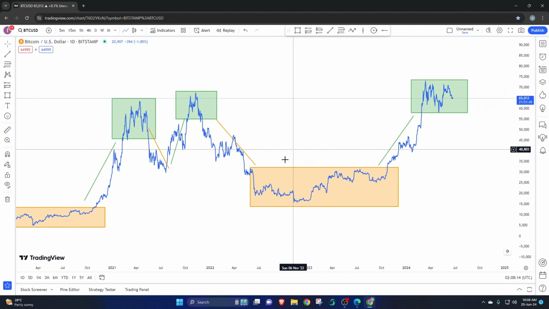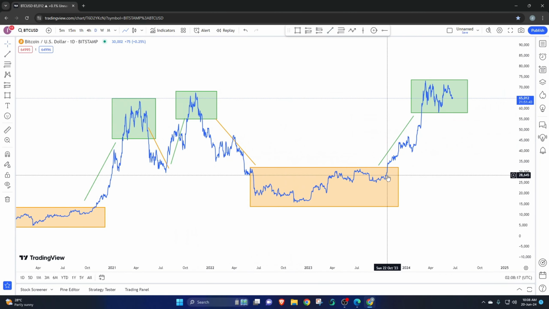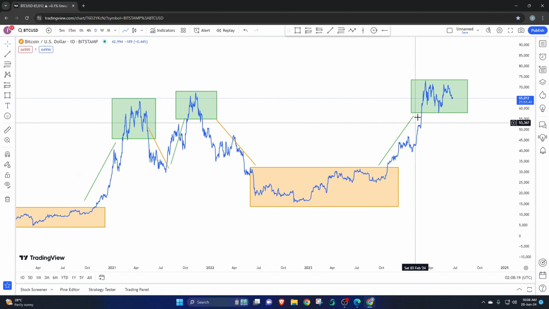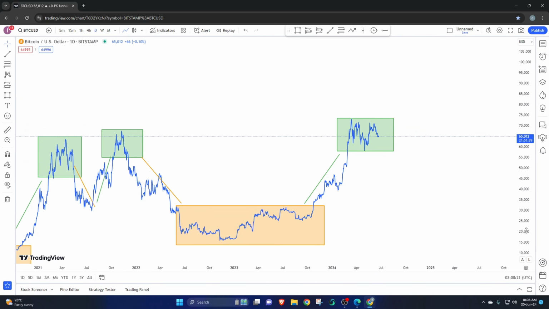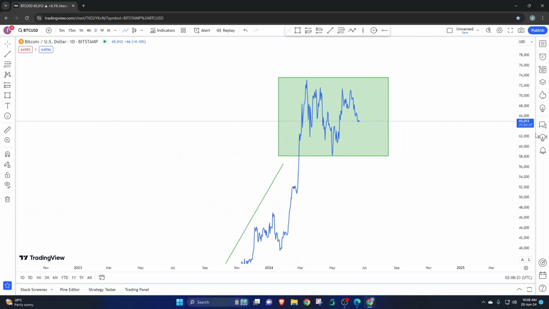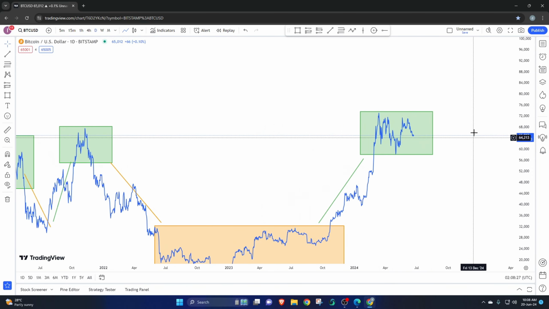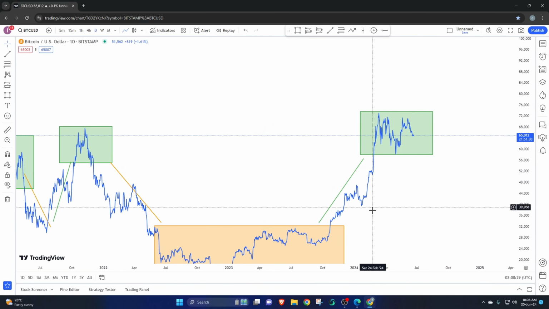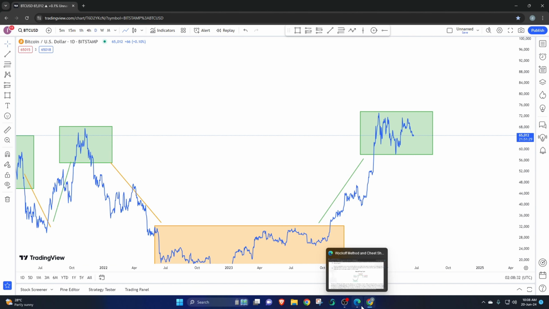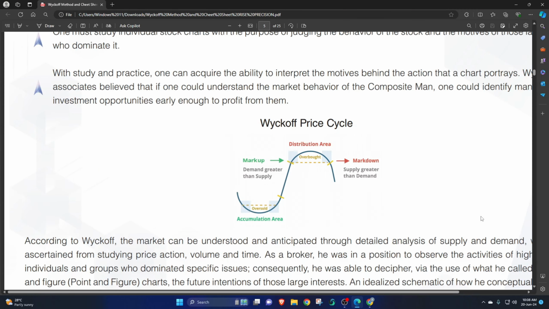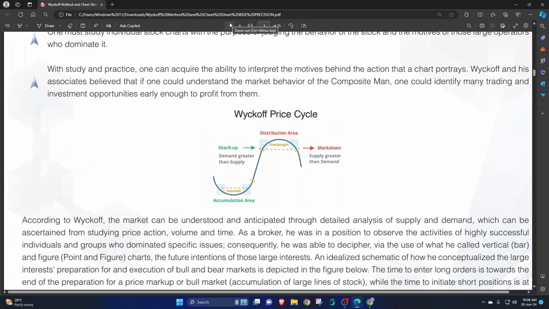So this was the bear cycle, and then there was a major markup, and now we are in, as you can see, and this is my point of view, a distribution area. So let's go back to Wyckoff's method.